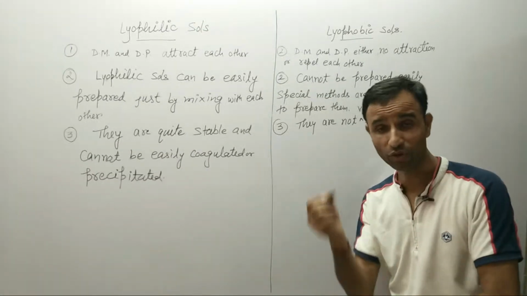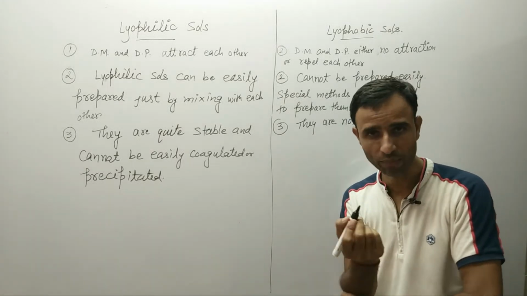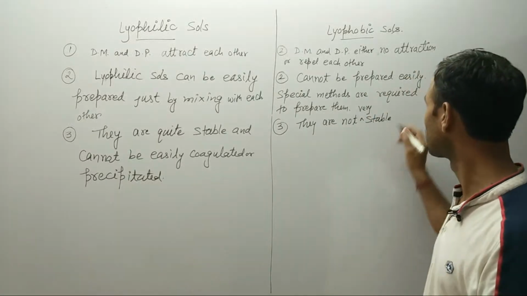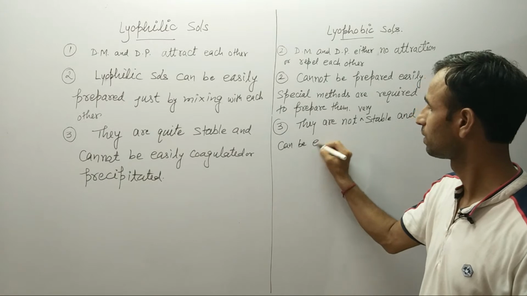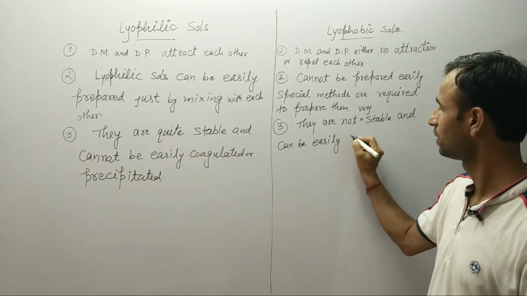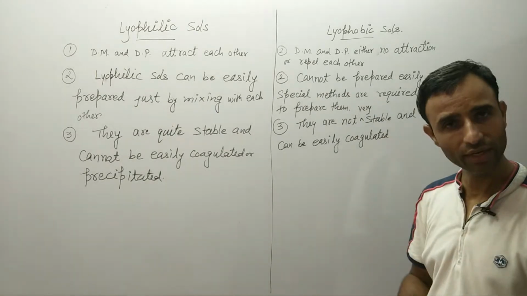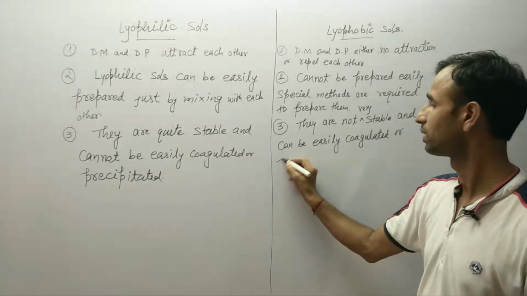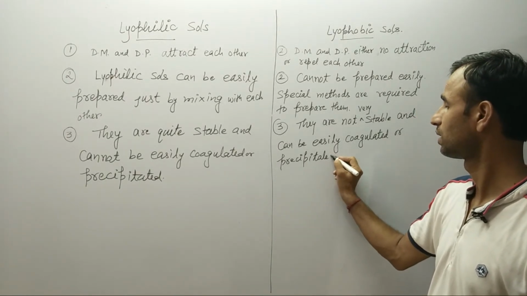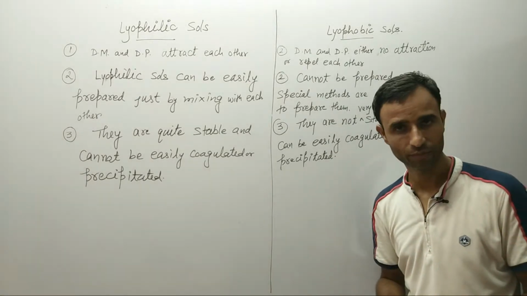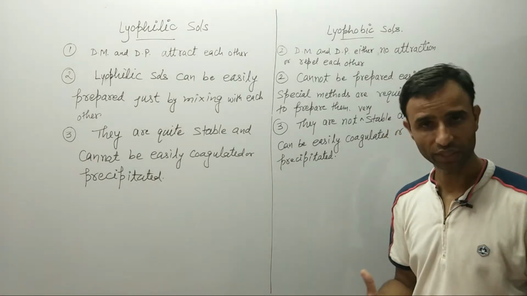Though they are stable, because if they are formed they acquire some stability, that is why they are formed, but they are not very stable and can be easily coagulated or precipitated.